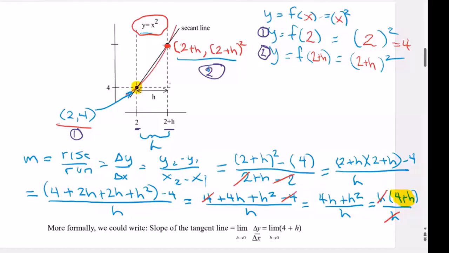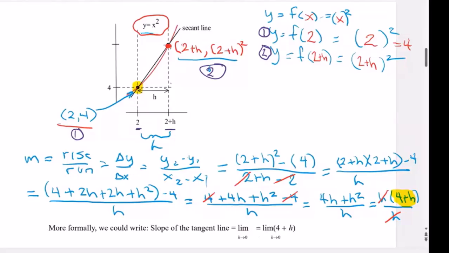All right, now let's take it to the next step. What is my goal? My goal is to find the derivative, which is the slope of the tangent line, which is only really at one point. So what if I make h really small? I just make it smaller and smaller until I make it almost 0.